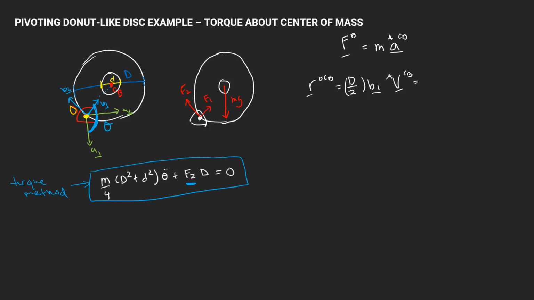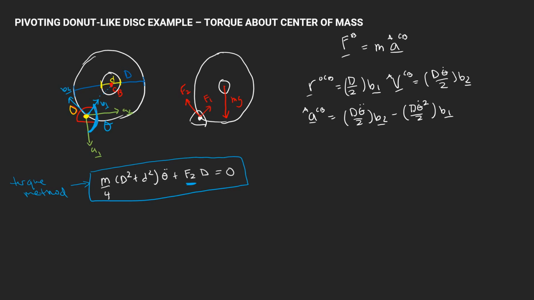So this gives us d theta dot over 2 times B2, which then gives us the acceleration of the center of mass in frame A, which is going to be d theta double dot over 2 B2 minus d theta dot squared over 2 B1.